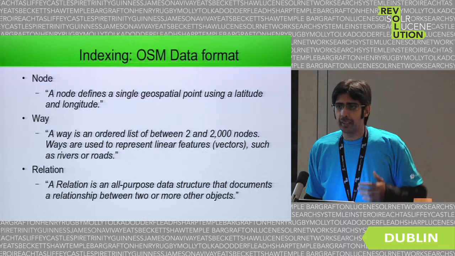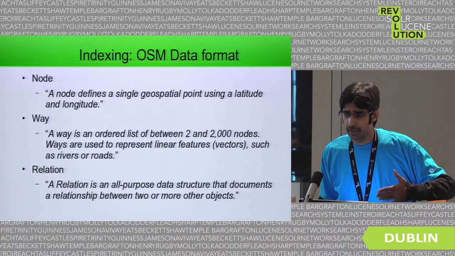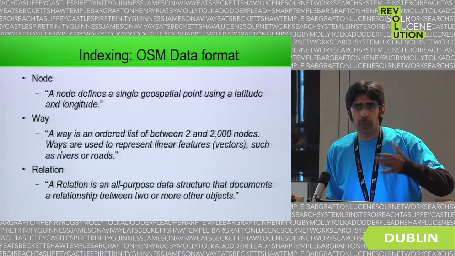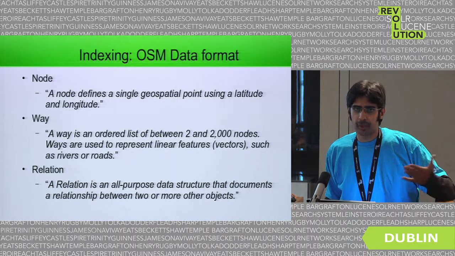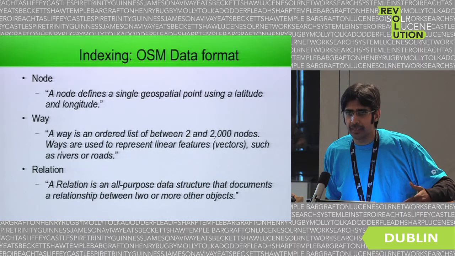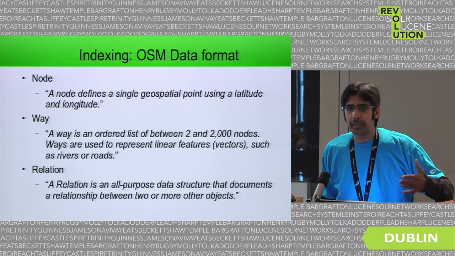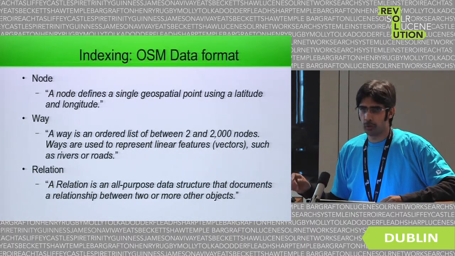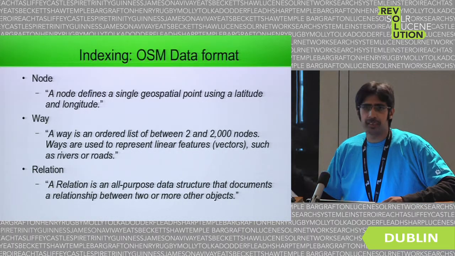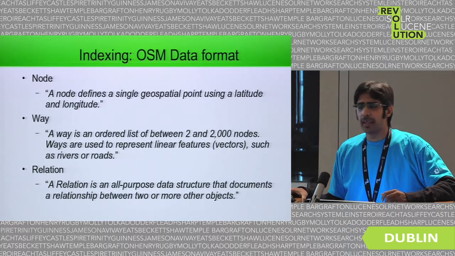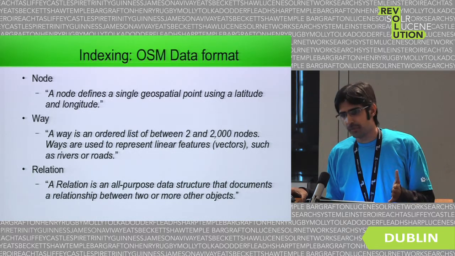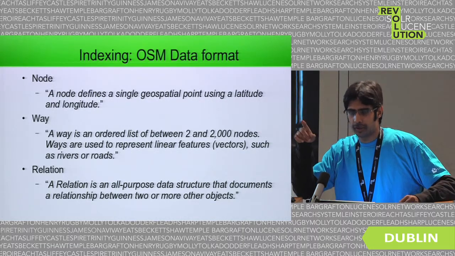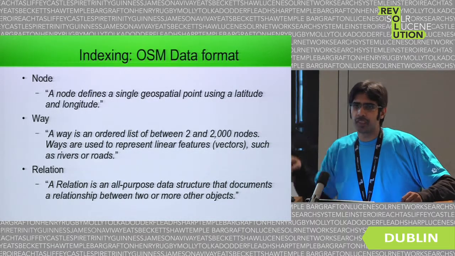The other problem would be if a mapper is not careful enough, they could break polygons which have probably already been indexed. By this, what I mean is a polygon is a way whose starting point and end point are the same. So, in general, say it's a country like the Republic of Ireland, it should be a polygon which is complete.